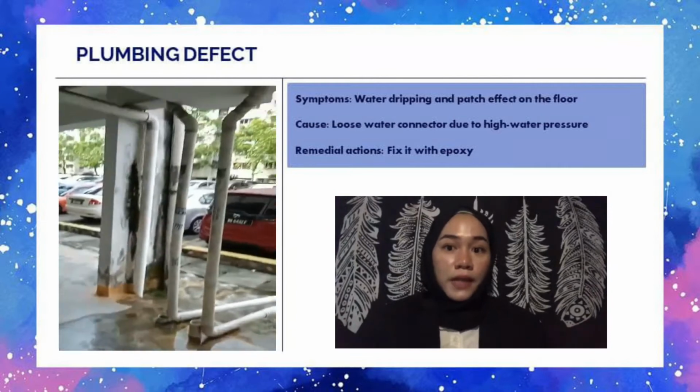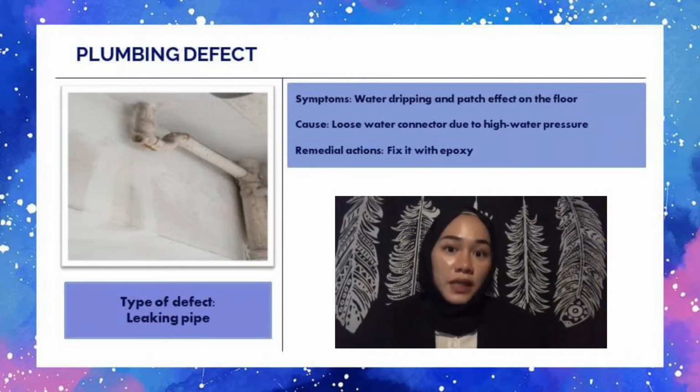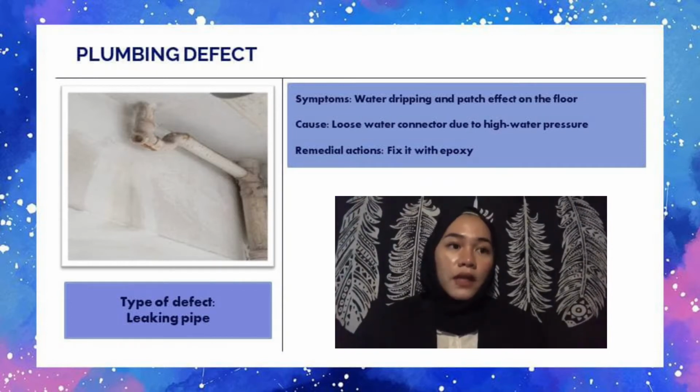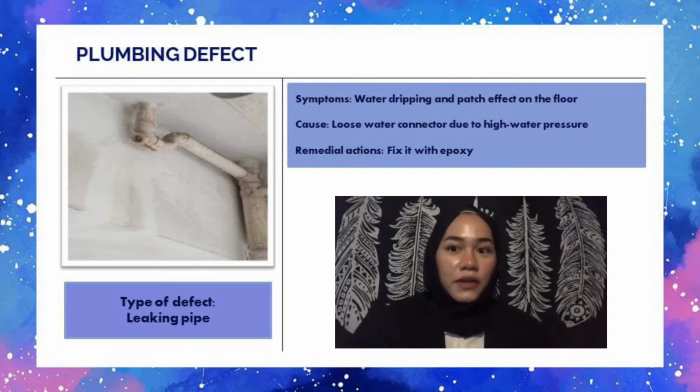What we can do as a remedy for the leaking plumbing defect shown in the picture is fix it with epoxy. Epoxy is a kind of hardener glue made of resin or epoxy polymer to join a range of surfaces together, like leaking ones.